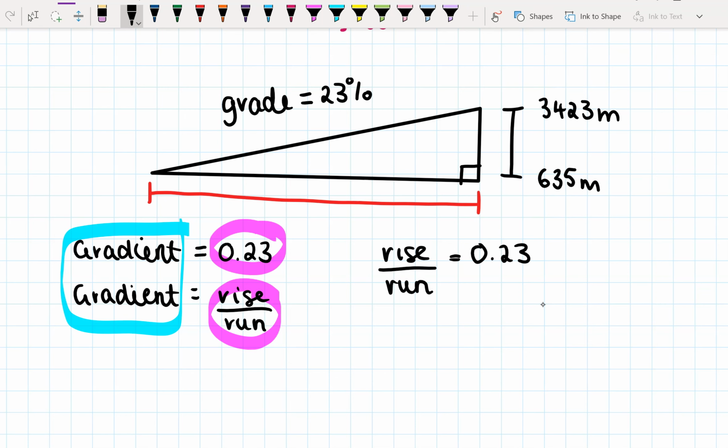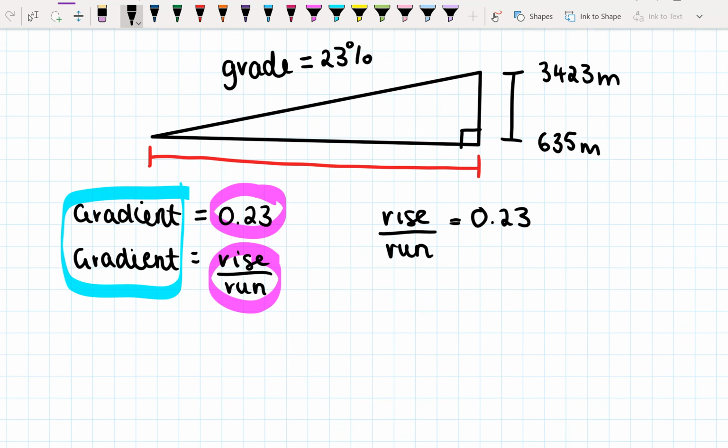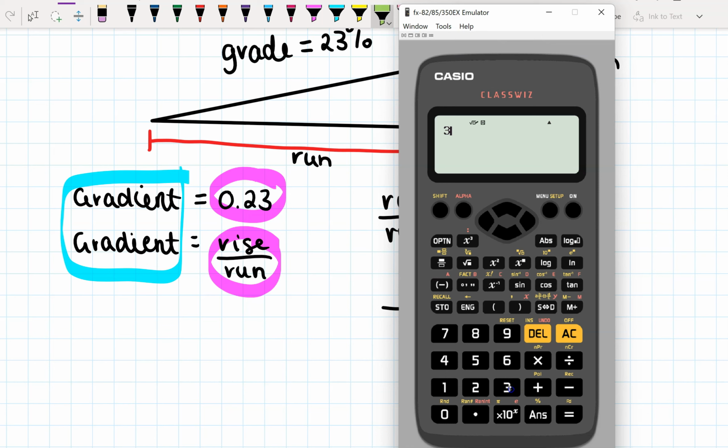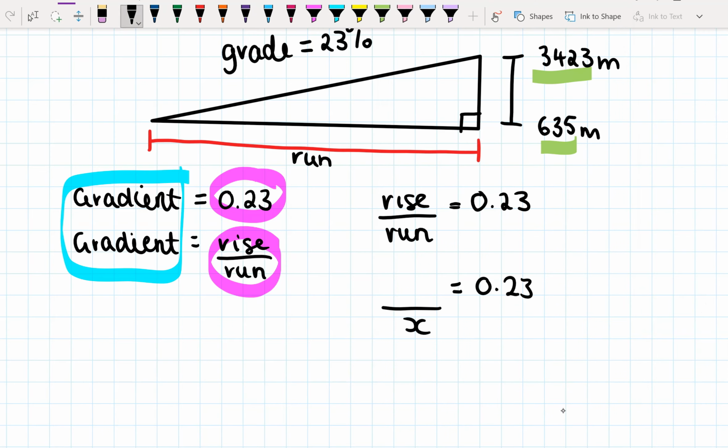Now, we don't know the run. The run is what we're trying to calculate. This here is the run, so we can put an x there. We need to calculate our rise. Our rise is 3423 minus 635, and that gives us 2788.